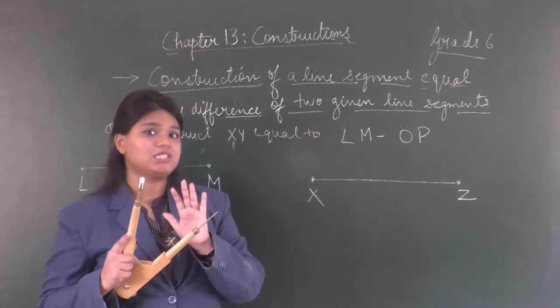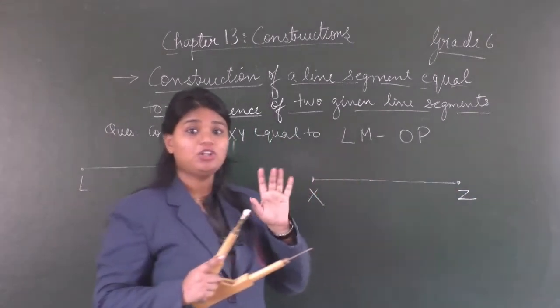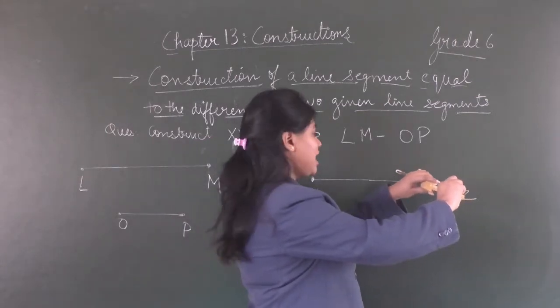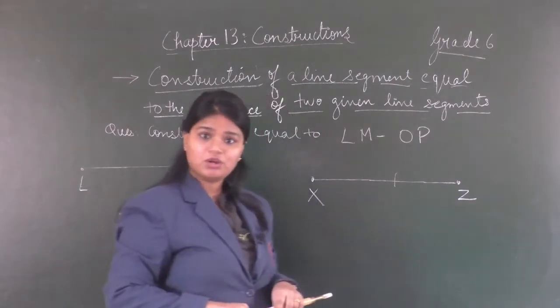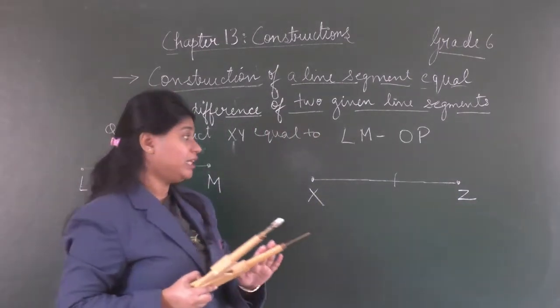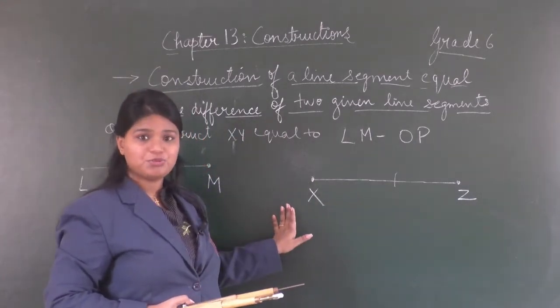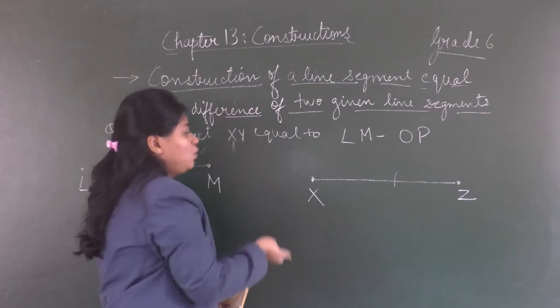Where will you place the needle? You will place the needle on the second point and not on X. So here I am placing my needle on Z and marking an arc on XZ. I have marked an arc and I will name this arc Y.